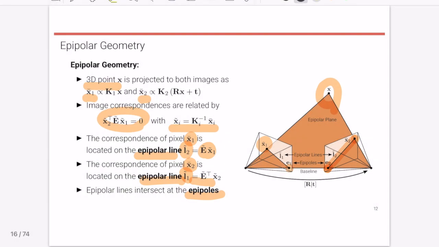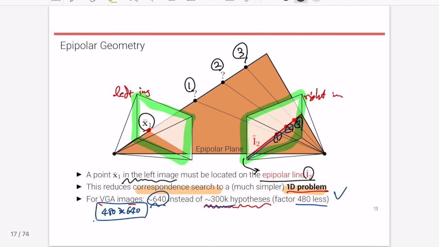First of all, we reviewed the epipolar geometry. In epipolar geometry, a point x1 in the left image, or image 1, must be located on the epipolar line, which is denoted by L2 tilde. This reduces the correspondence search to a much simpler 1D problem.